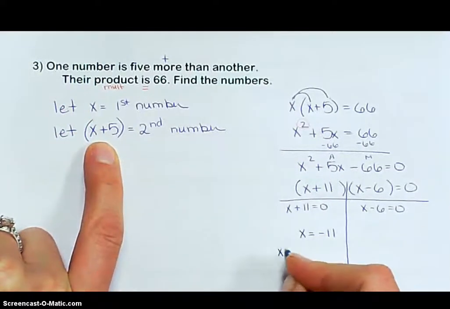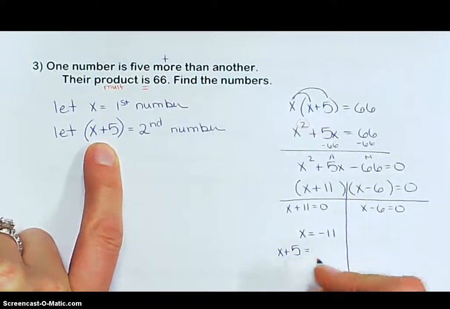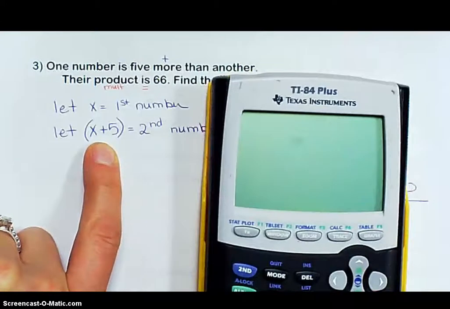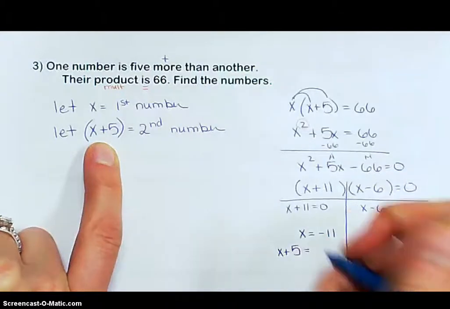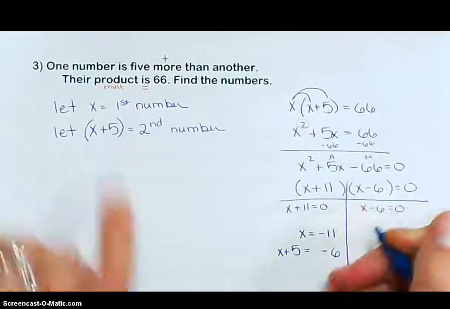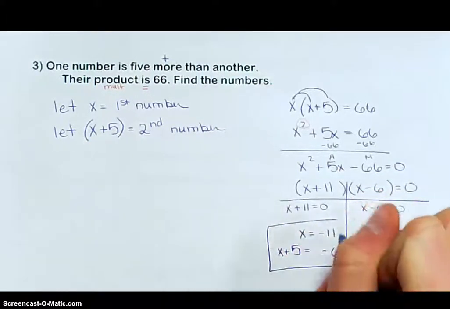So that's going to be x plus 5 is equal to, so let's plug it in, so negative 11 plus 5. So remember, if you're not handy-dandy with your negatives, that's okay. Negative 11 plus 5, we get negative 6. So this is your first set of answers.